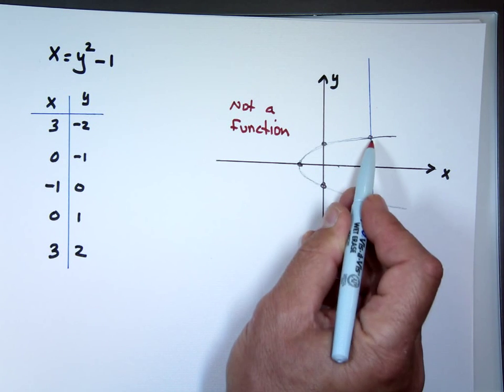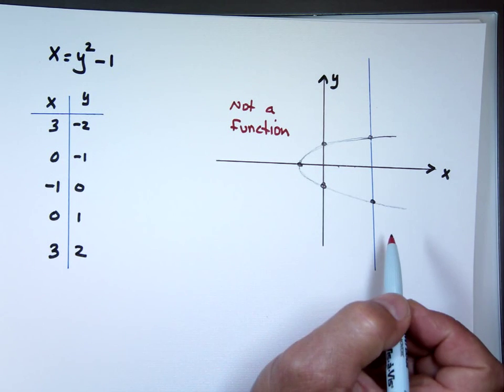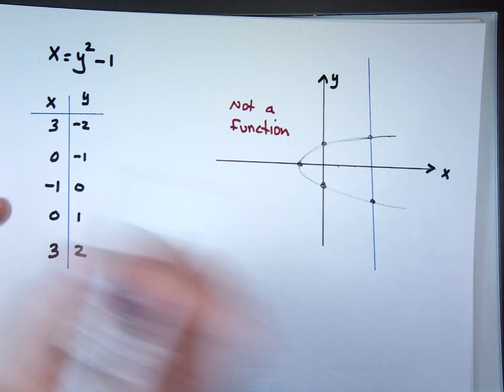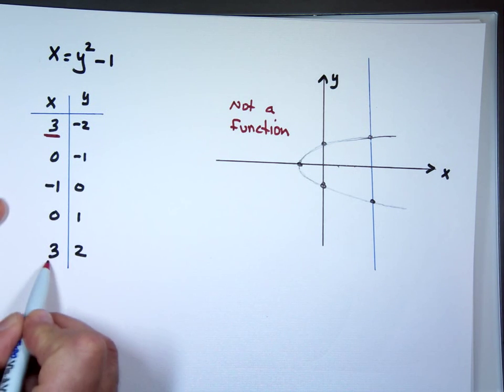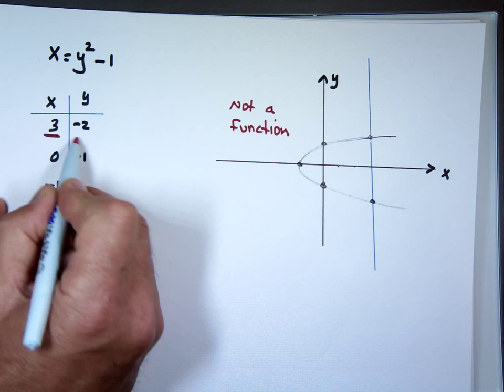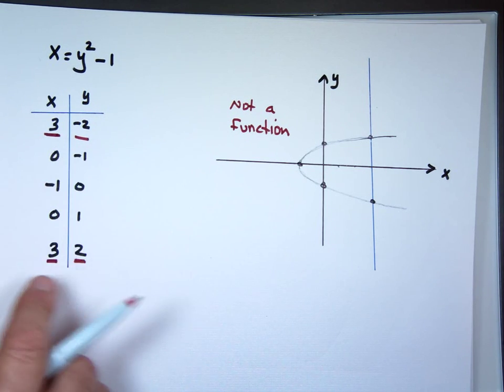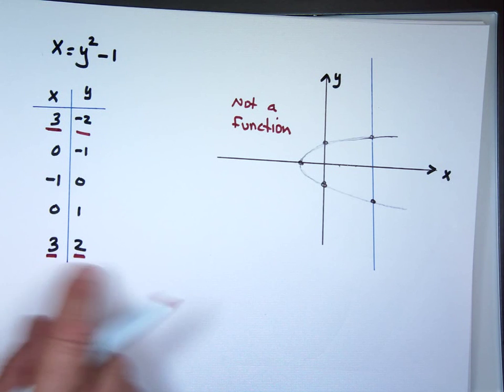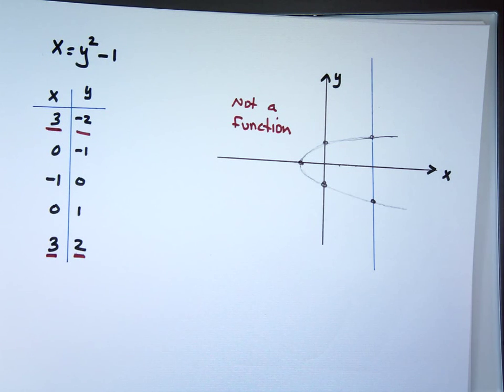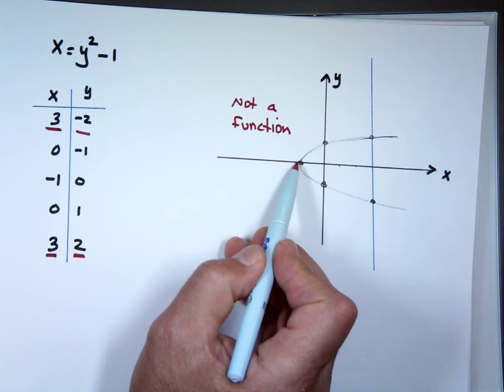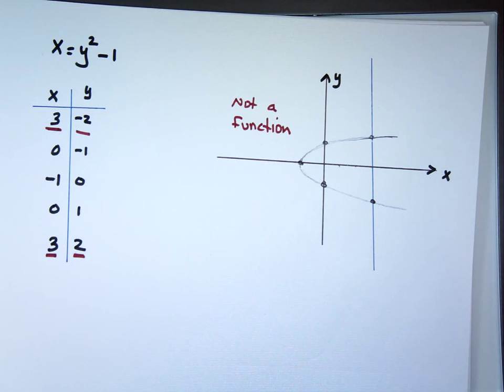It has the +2 and the -2. When x is 3, how many y values do you have for it? So this x value has two y values, (3, -2) and (3, 2). Once one of them has two y values, it's not a function.